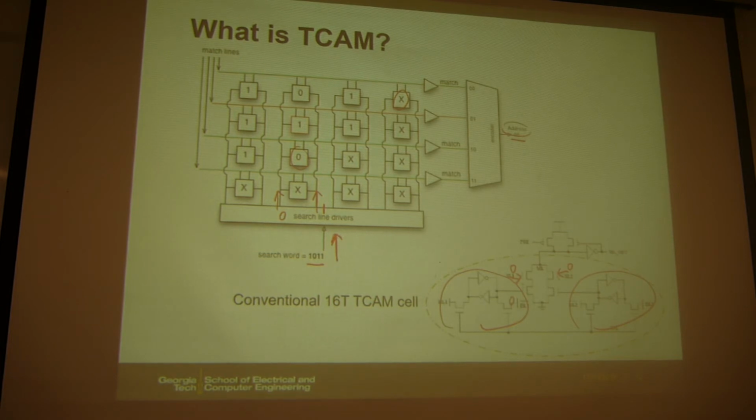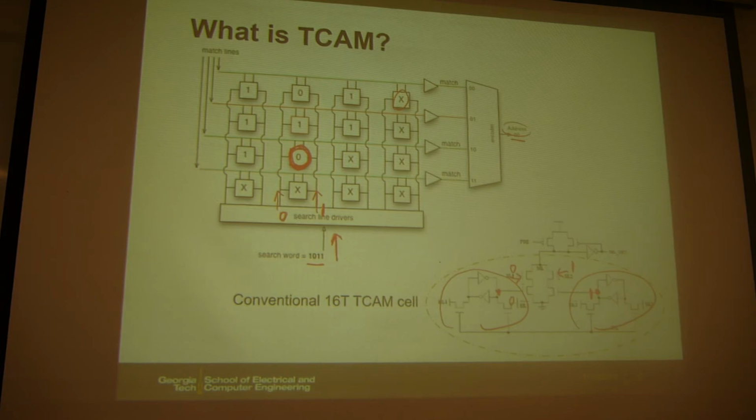Oh sorry, this is 0 and 1. This is always complementary. So the data you store here, if it's 0, then this SRAM cell, this Q will be 0, and this one will be 1. If it's 1, then it will be complementary.